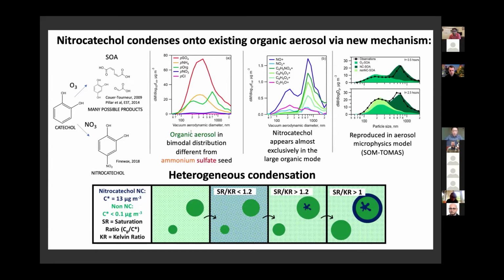And what this really ended up being due to, in collaboration with Shantanu's group and Charles Hay, who's also here, is a mechanism that we think is heterogeneous condensation, in which the nitrocatechol would grow into an independent mode. And so more details of that will be in a manuscript that's in review.